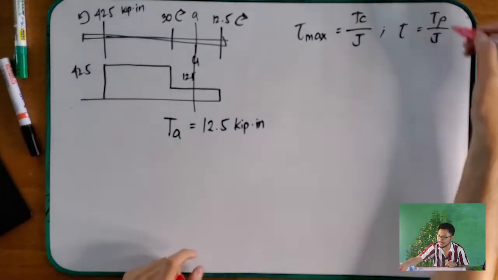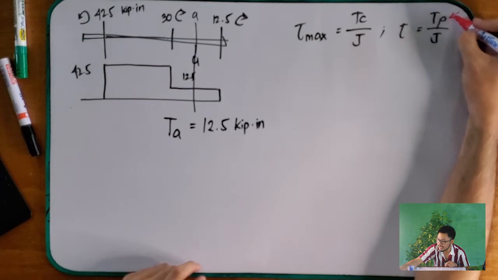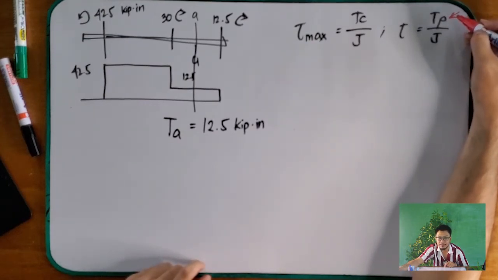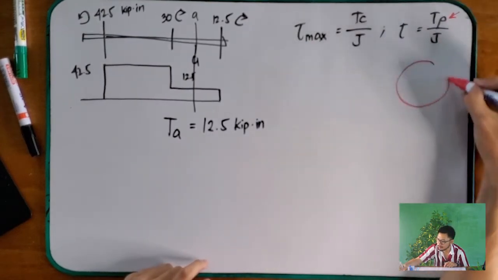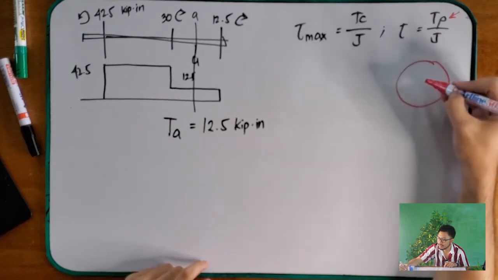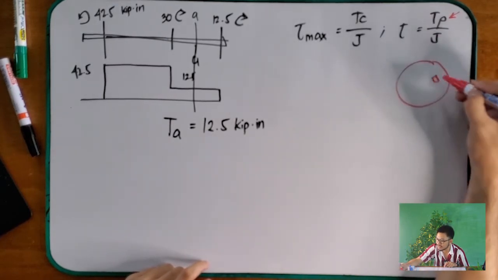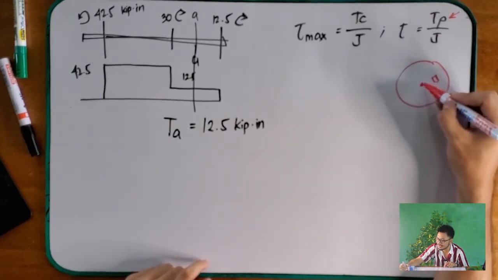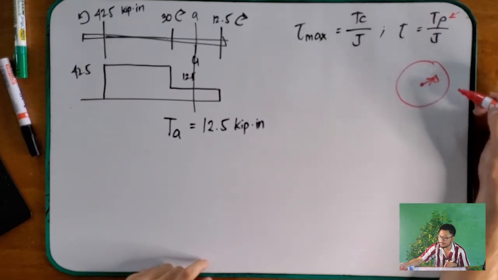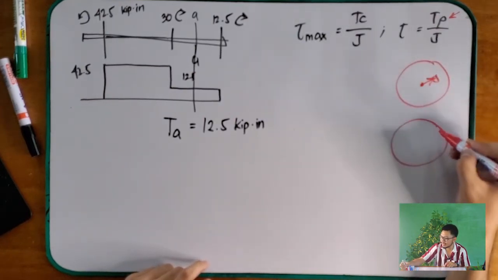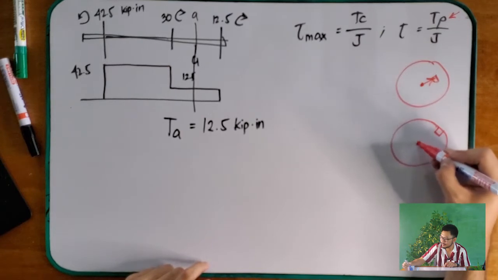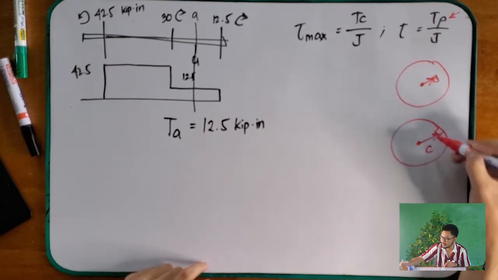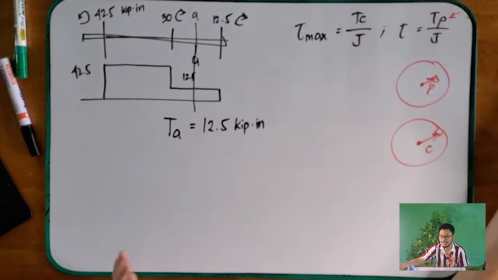Ang imong rho pasabot lang ana kay kung dili sa outermost part sa imong circle. For example, mao ni imong cross section, mao ni ang imong element nga gi-consider, then ang rho is the distance from there to there. Pero kung ang imong element is located on the outermost part, then this is your C. Okay? Mao lang na, lahi lang na sila.